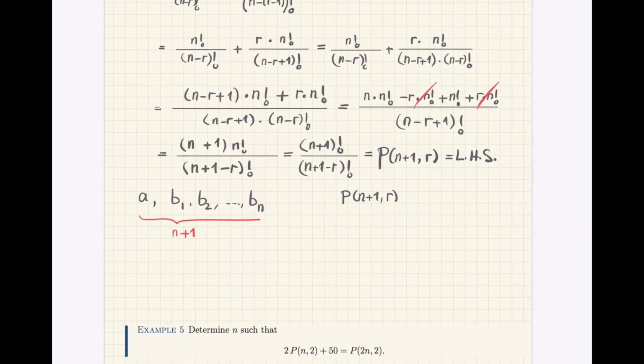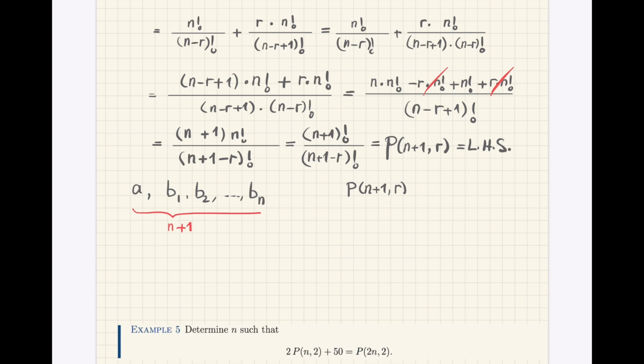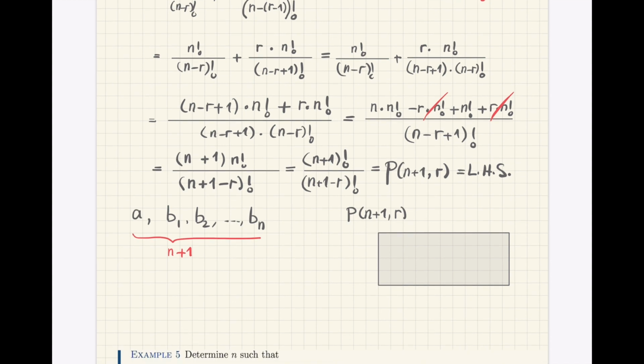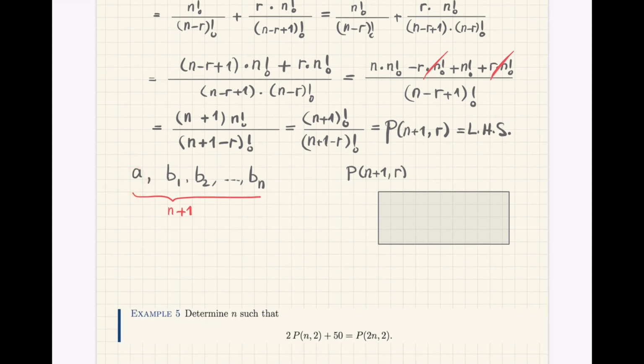But now, in my head, I can partition it into two types of permutations. Some of them, I choose A, and in some of them I do not choose A. Do you agree?